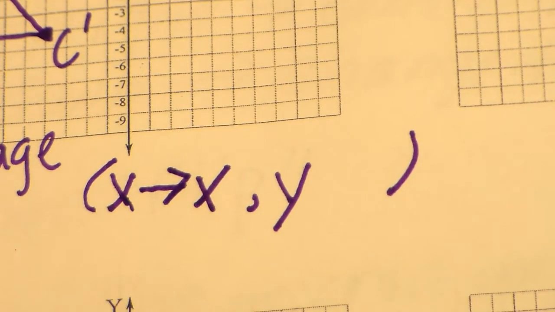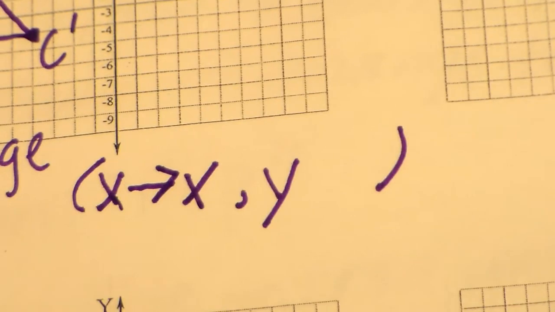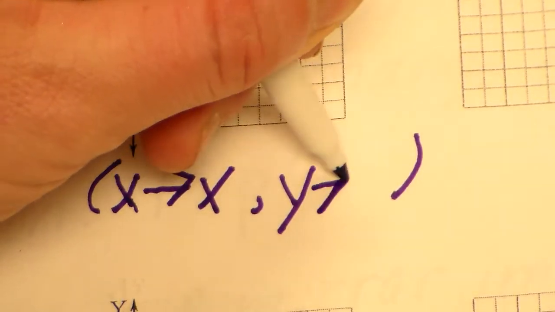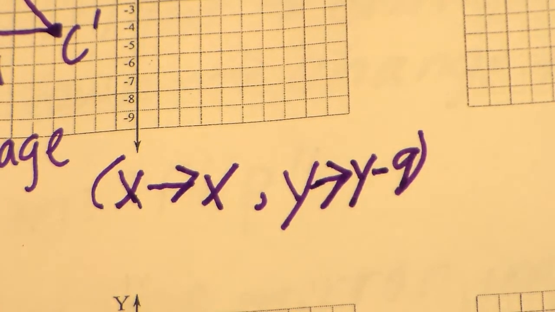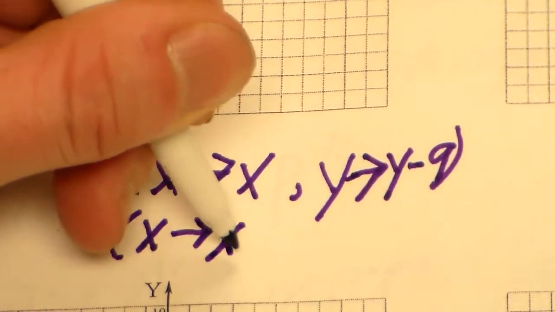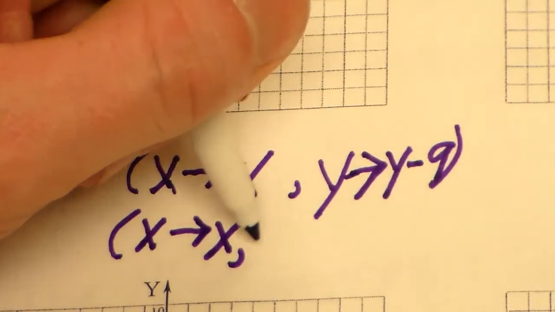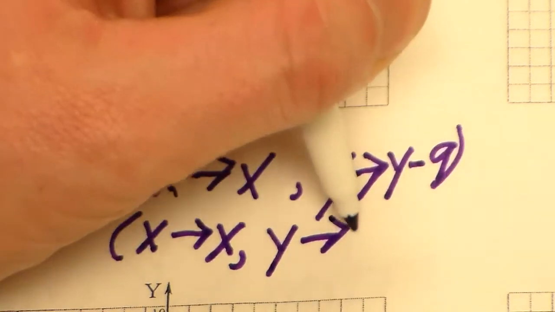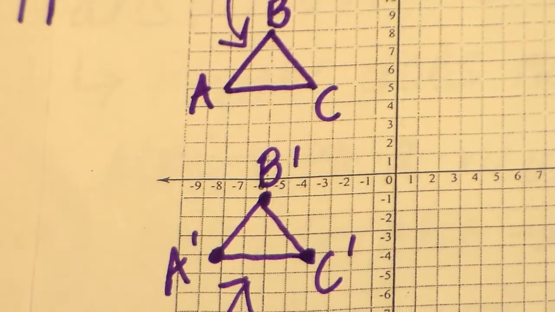My y I did change. I moved it down 9. If I'm moving down 9, my number is getting smaller. So that is subtraction. So y, all my y points go to y minus 9. And that's a little sloppy. I'll rewrite it. X stays X. There's no left or right movement with my triangle. And X represents the left and right change. But my Y changed to go down 9. So again, each of these points, if I counted, it would be 9 jumps down to get to the other.